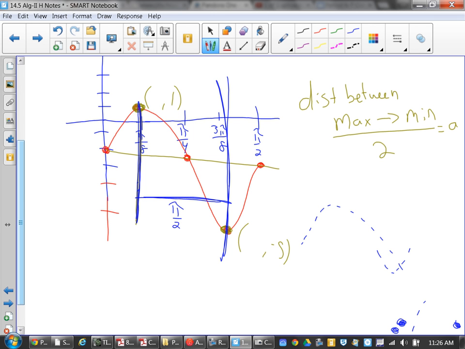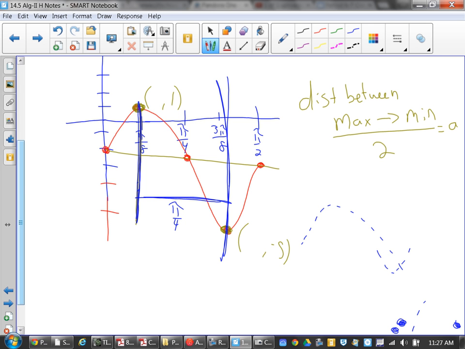So the distance horizontally between your maximum and your minimum are Oh, sorry. The whole thing. Pi over 4. 3 pi over 8 minus pi over 8 is 2 pi over 8, so it's pi over 4. So the distance between your maximum and minimum, times 2.